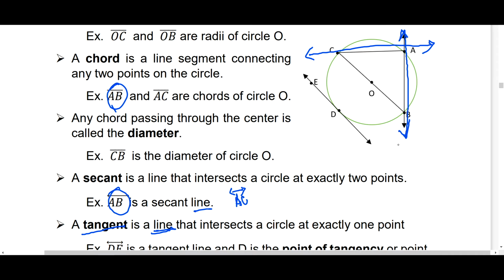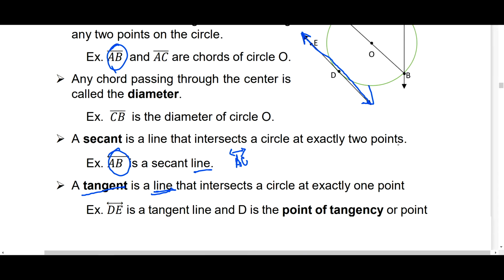So this is your tangent line E. Kasi diba we name a line through one letter, and then yung point of tangency niya is point D. Ayan, kung saan siya tumama sa circle. That is what you called the point of tangency. Itong part na to. Okay? Next.